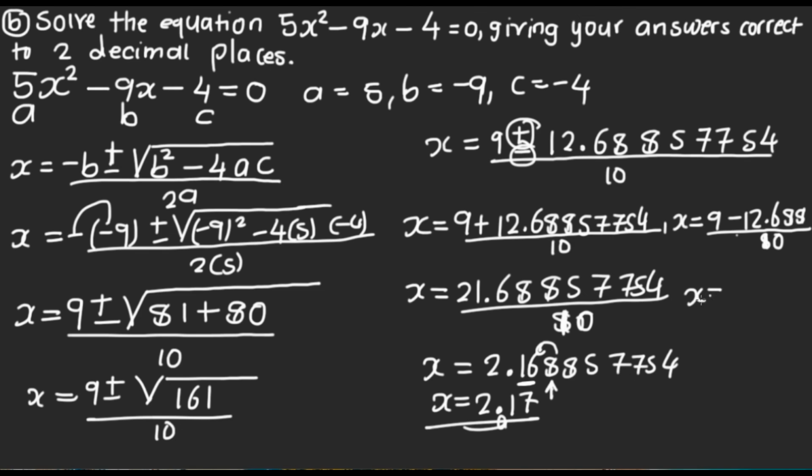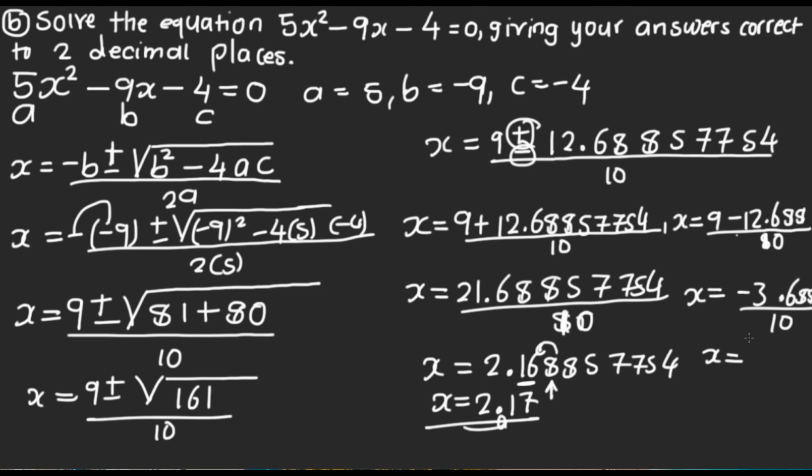Let's check for the other one. So this will be 9 minus 12.68857754. This one is giving us negative 3.68857754 over 10.